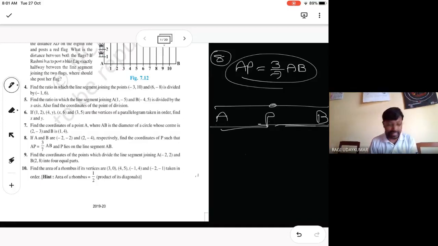Be careful whenever the points are given to you in a question. Suppose the first point given is A and the second point is B. If it says find a point P which divides BA, then B is taken as x1, y1 and A as x2, y2.